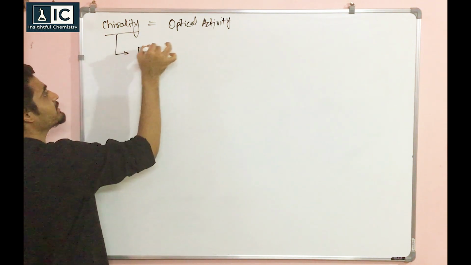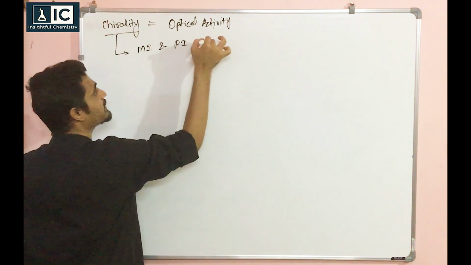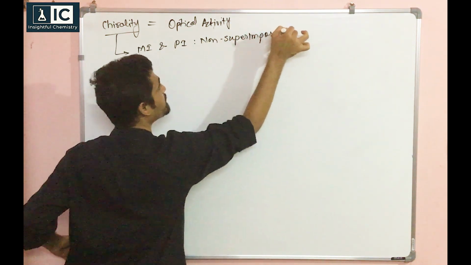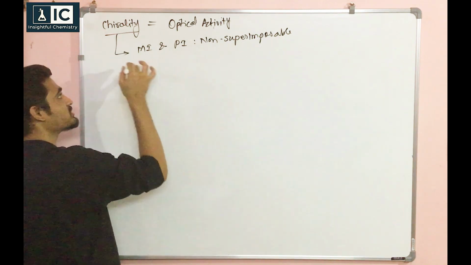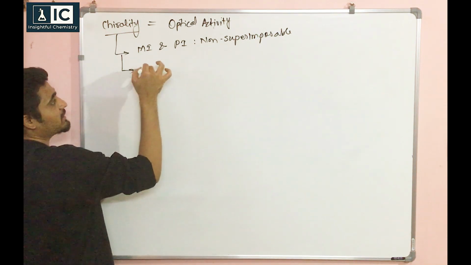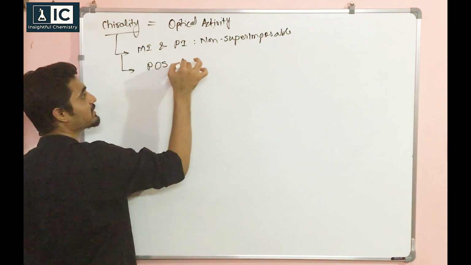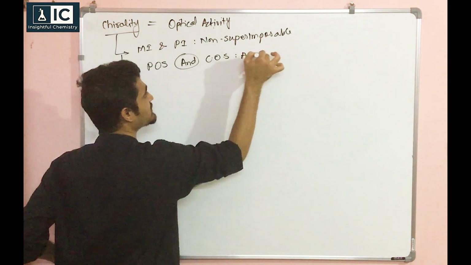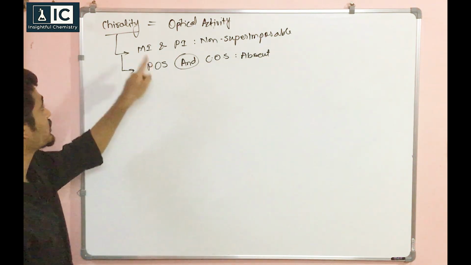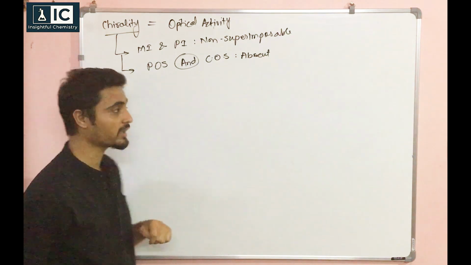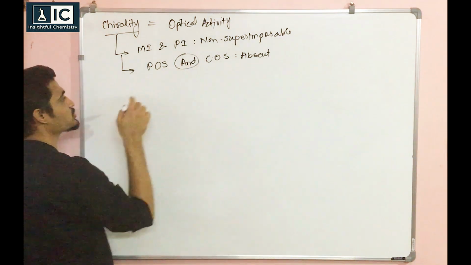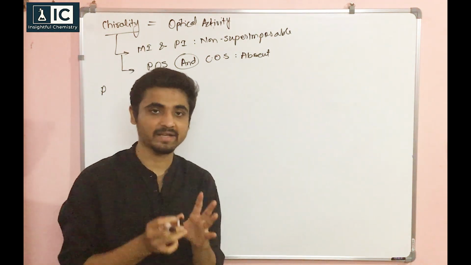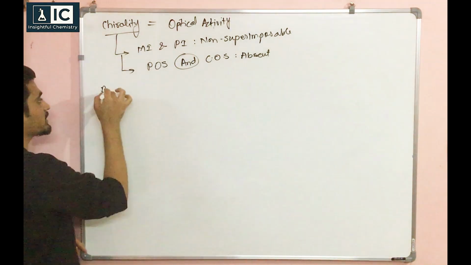Basically the mirror image and the parent image must be non-superimposable. And how do we check non-superimposability? For that we have symmetry elements, and if POS and COS are both absent, then we can call that molecule chiral or optically active. For that we just need to check these two. First I will write the definitions of both, and then we will take examples and check both of them.